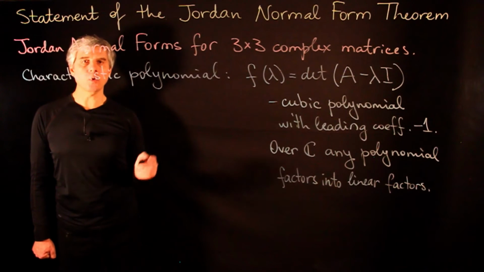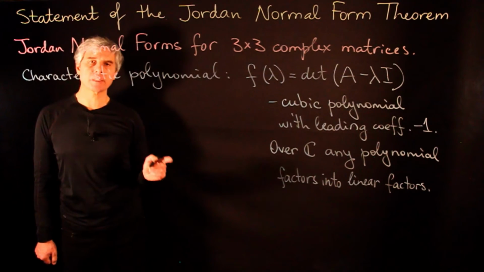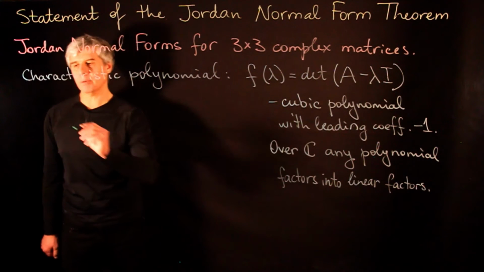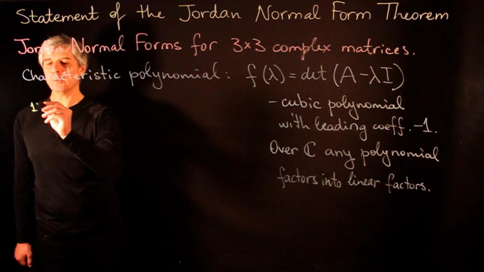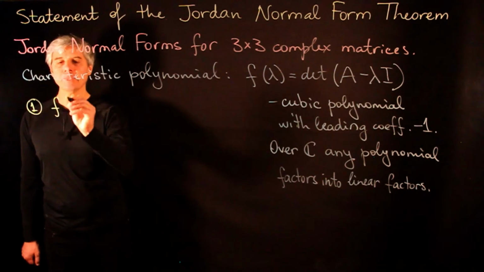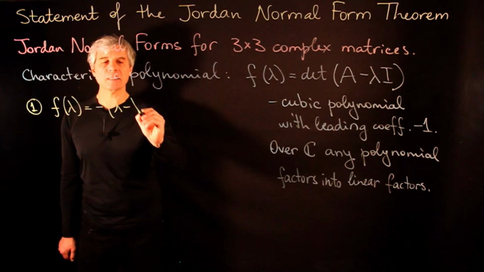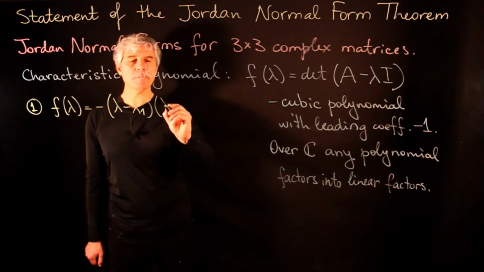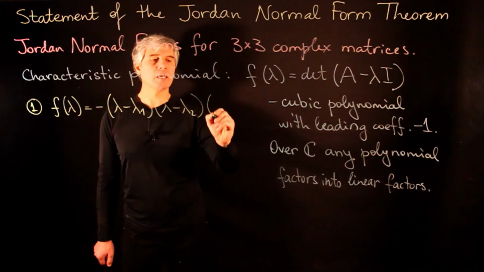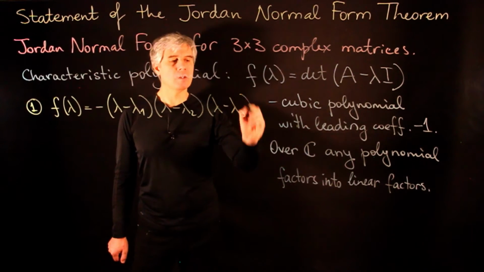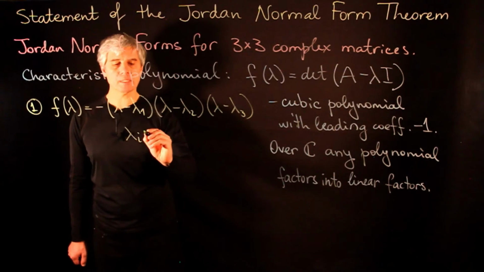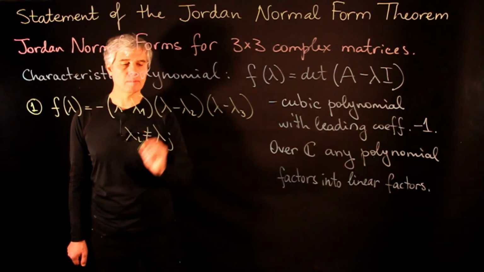Let us look at all possible factorizations of a characteristic polynomial for 3 by 3 matrices. So we could have case 1: f of lambda is equal to minus lambda minus lambda 1 times lambda minus lambda 2 times lambda minus lambda 3, where all these lambdas are distinct.